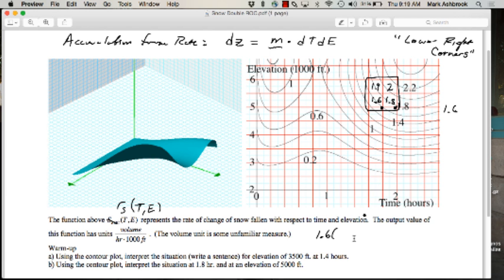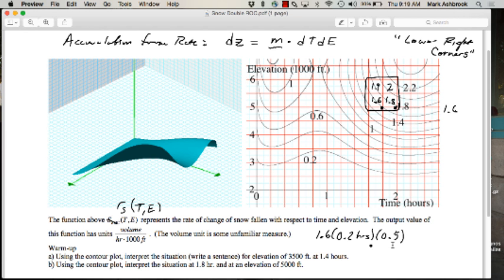So each little square is 0.2 hours. And then dE. Again, 1 is the whole square, so 0.5 thousand feet, or 500 feet. But we want to keep it in 1,000 feet because that's what this rate is in. This rate is per 1,000 feet, so this has to be per 1,000 feet too.